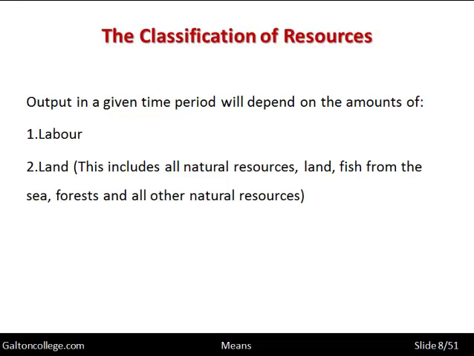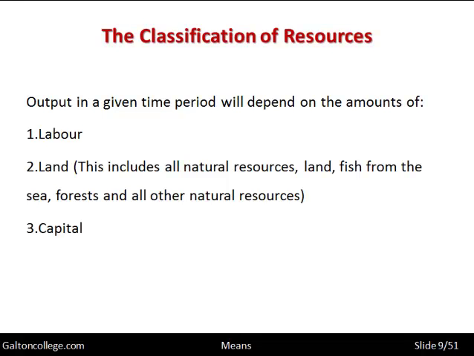Bearing in mind we live on a small planet that's probably overpopulated, circling the local sun, we haven't got a lot of natural resources. We've only got what's on the planet. So natural resources are finite, they're not infinite.